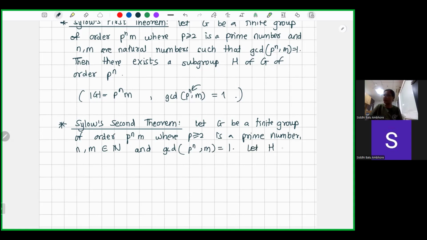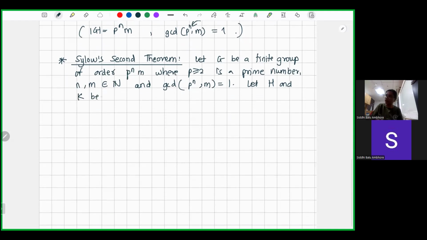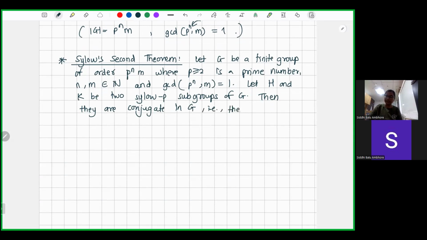Let H and K be two Sylow p-subgroups of G. Then they are conjugate in G. When we say they are conjugate in G, it means that there exists an element g in G such that K is equal to gHg inverse. So this is Sylow's second theorem.